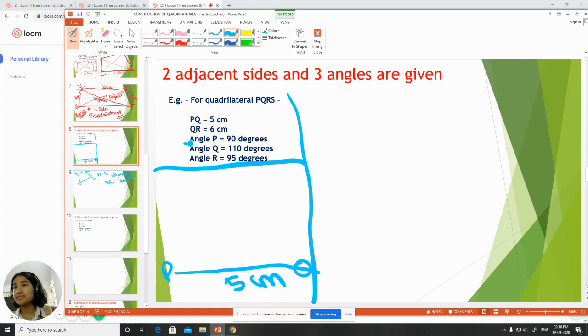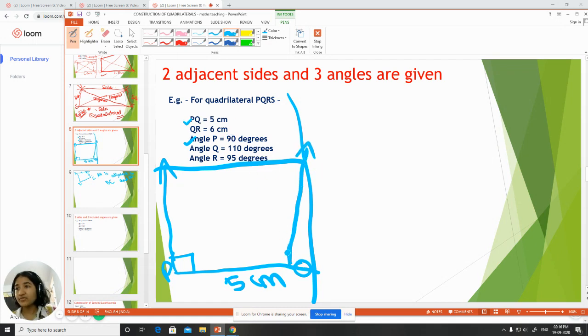But you see, angle P is 90 degrees given. So we will mark 90 degrees and draw a line, right? Angle Q is 110 degrees. So this is 110 degrees. So it will go somewhat like this. We'll draw a line. Then Q to R is 6 centimeters.